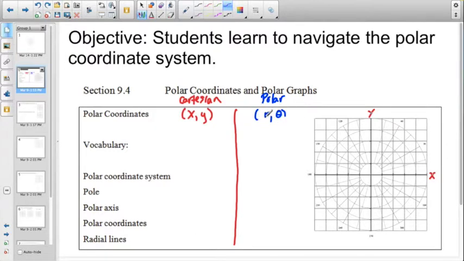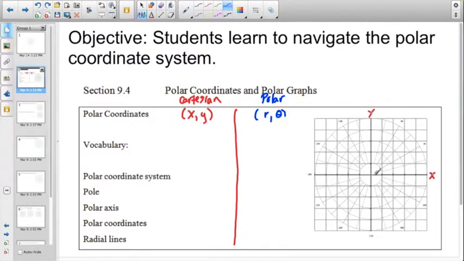In other words, r is a distance that starts at the origin and extends out radially, along one of these degree lines. And then theta represents what degree line we're extending upon. So r is going to be that distance.